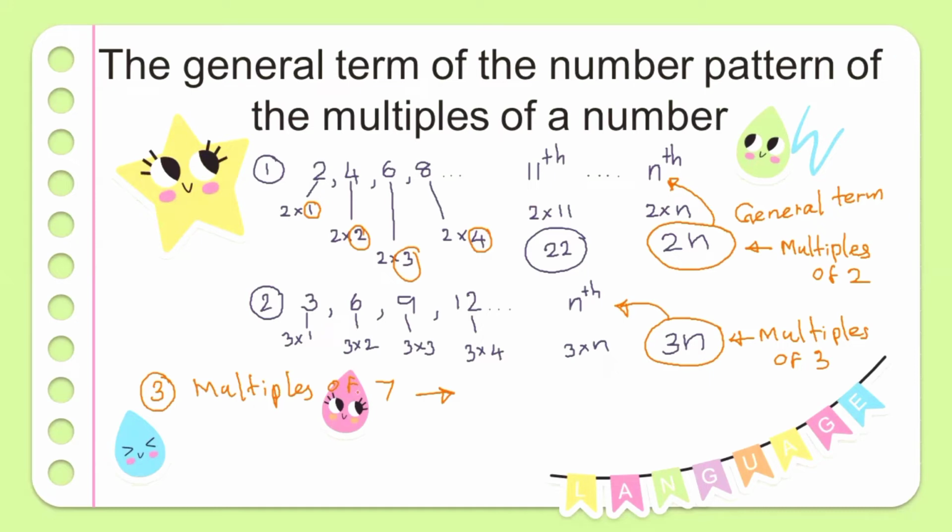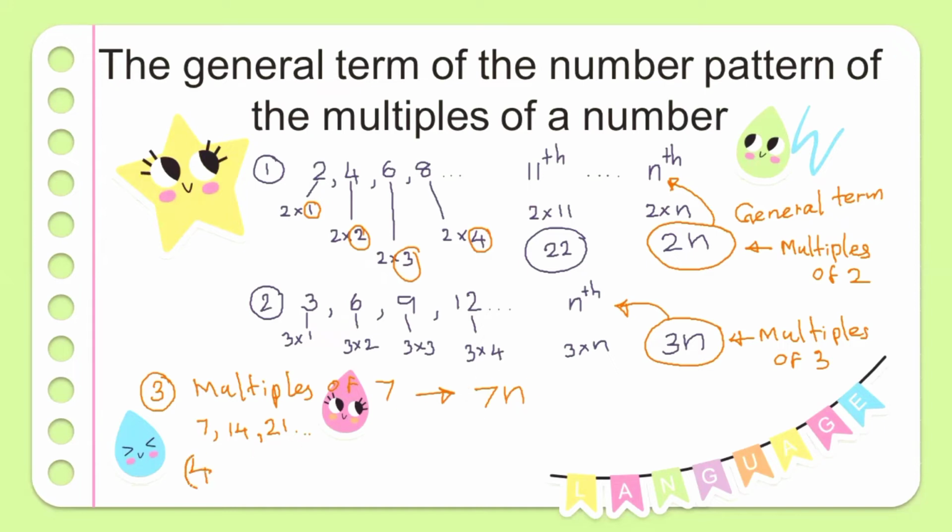You already know this number pattern, multiples of 7. How can you write it? 7, 14, 21. Likewise you can continue. Then what is the general term? 7n. You can find any term of this number pattern by using this general term.